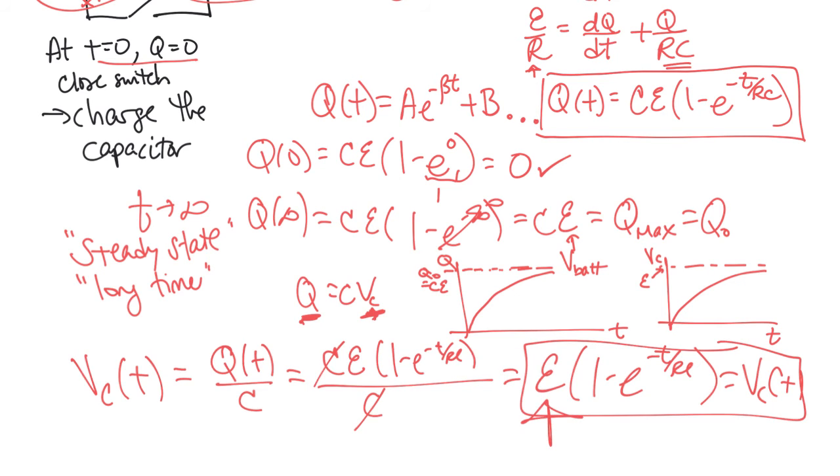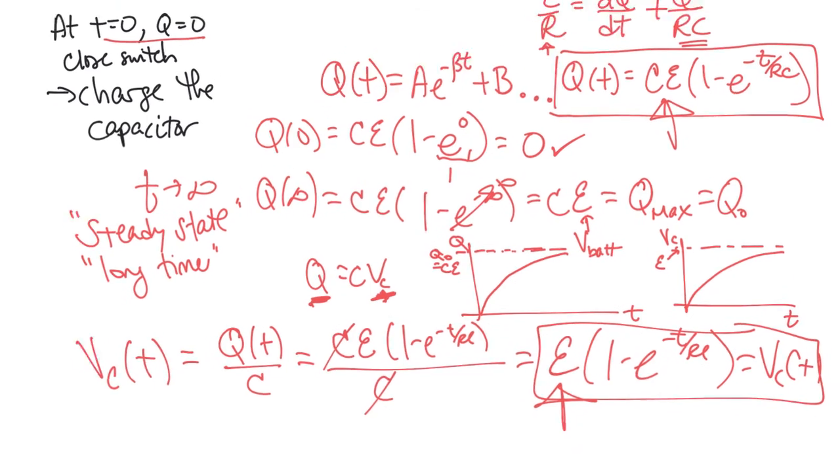And again, that thing in front is the value of your asymptote. And that's VC.